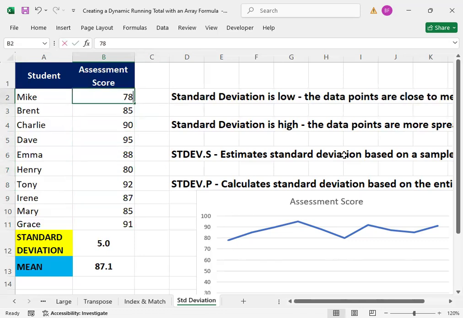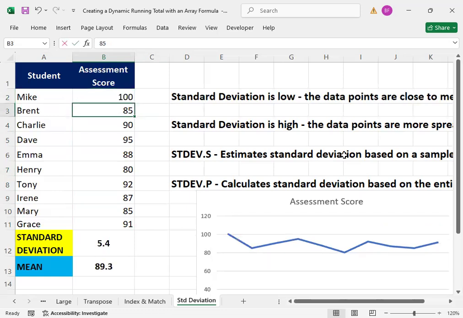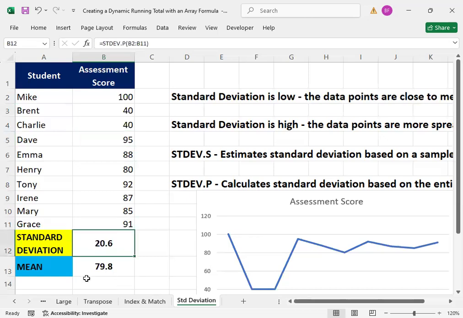Let's say 100 for this student and 40 for this student and 40 for this student. So that means the standard deviation is 20 and the mean will become lower, 79.8. So perhaps some students did not understand the instruction or the lesson given to them. That's why some students are getting low scores.